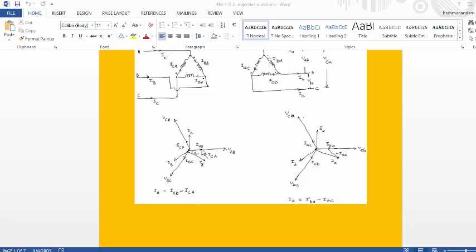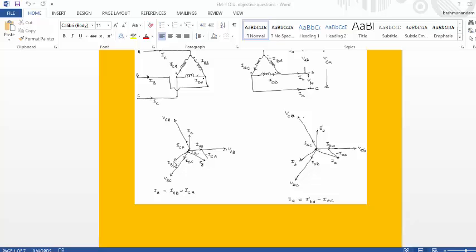So we know IAB vector here and we know what is ICA vector, which is in phase with VCA. So extend that parallel and add negatively to the IAB vector so that this line indicates IA.